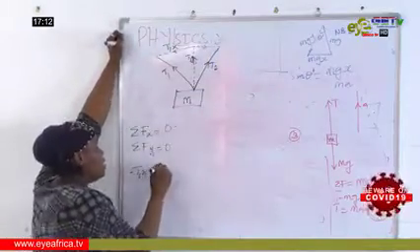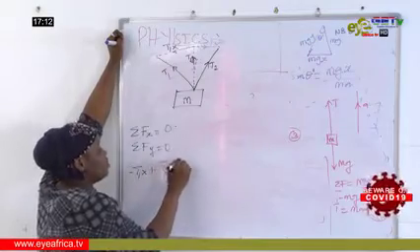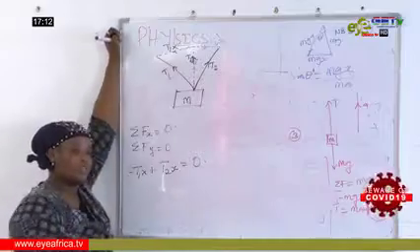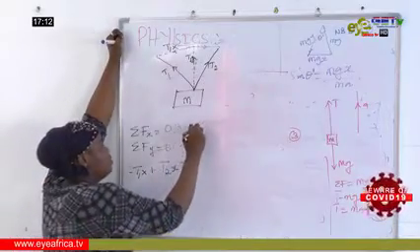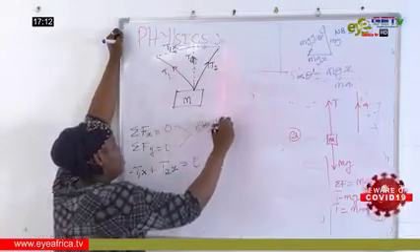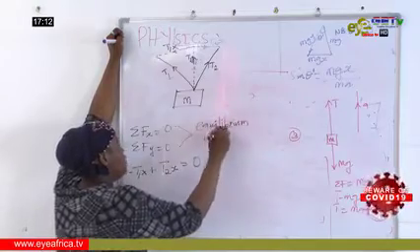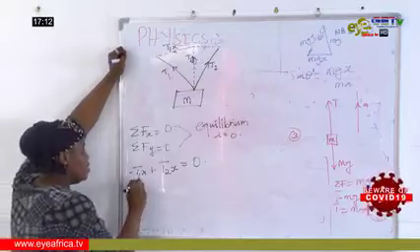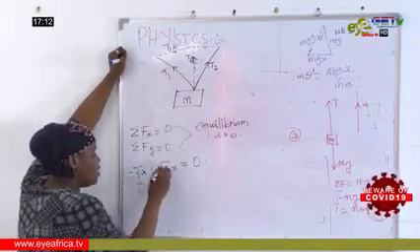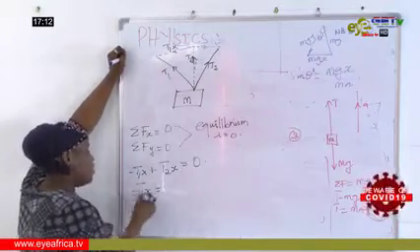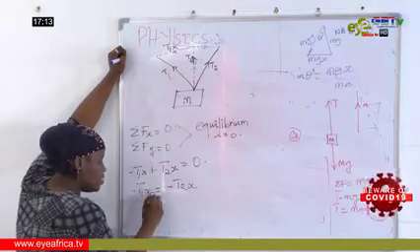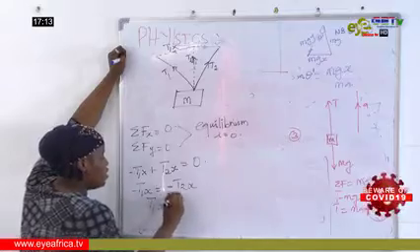That's T2 of X, and the sum is equivalent to 0, because we are dealing with static equilibrium, where a is 0 in both directions. So this gives us minus T1 of X plus T2 of X equals 0, and that simplifies to T1 of X equivalent to T2 of X.